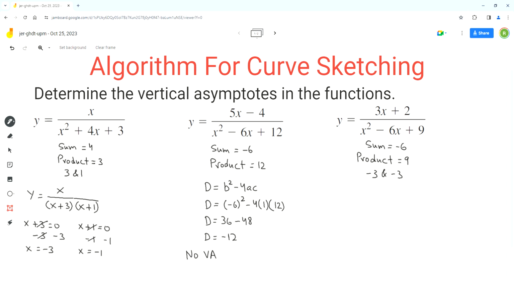So we can write the factored form as follows. Now in the denominator we got the same factors. So we can set either one equal to 0 and then solve for x to find the vertical asymptote in this rational function.